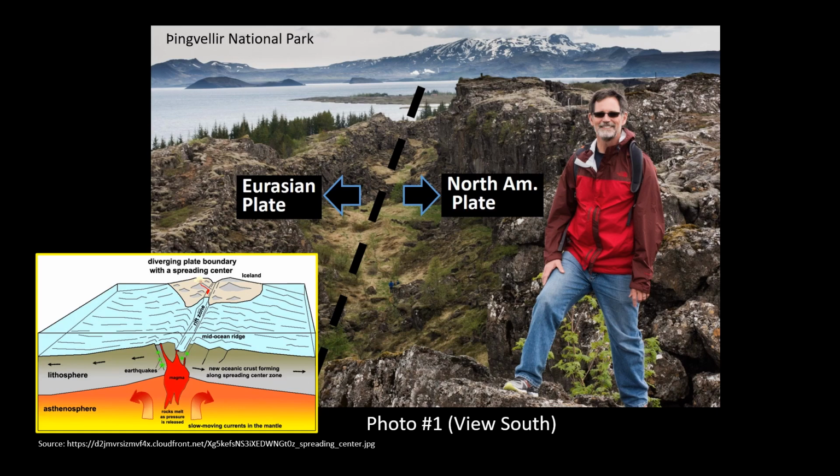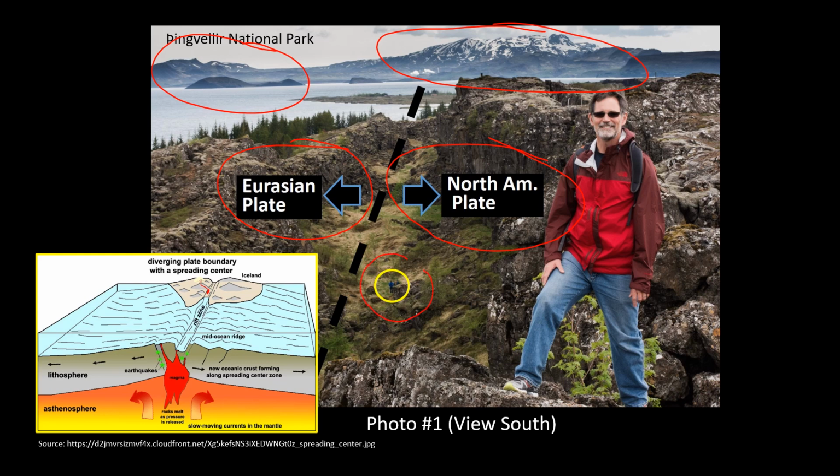So as you might expect, you can probably guess by now what all of these mountains are on all sides of this plate boundary. They're volcanoes, and they're ultimately related to the fact that the Eurasian plate is diverging away from the North American plate in Thingvellir in Iceland.